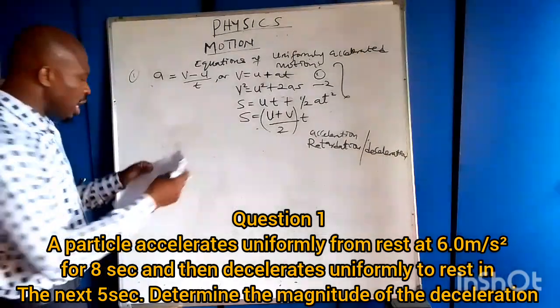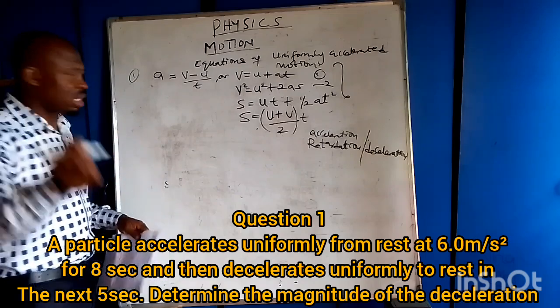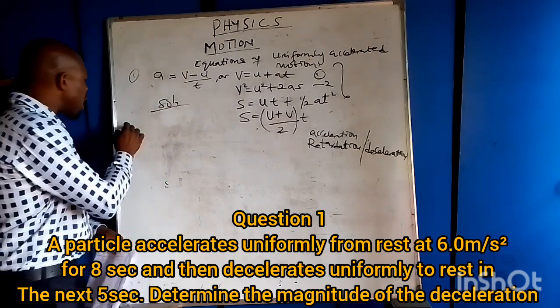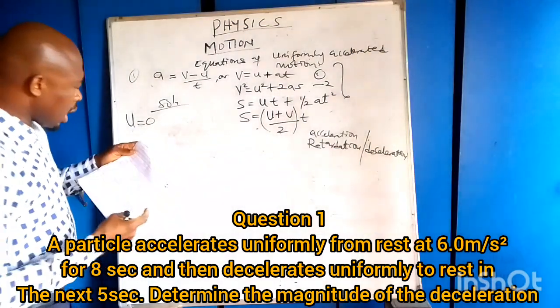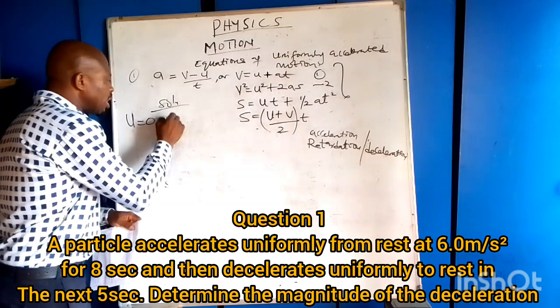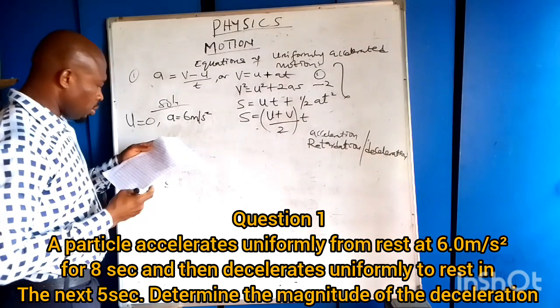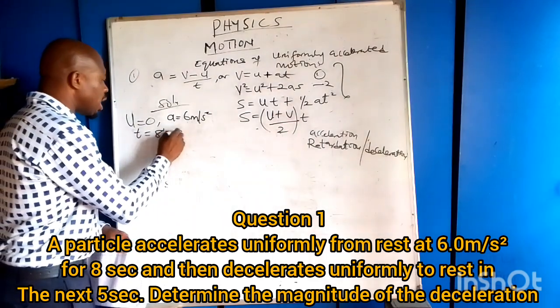From the question that they gave us, a particle accelerates uniformly from rest. Since it's from rest, u is 0. Acceleration is 6 meters per second squared. Time is 8 seconds.